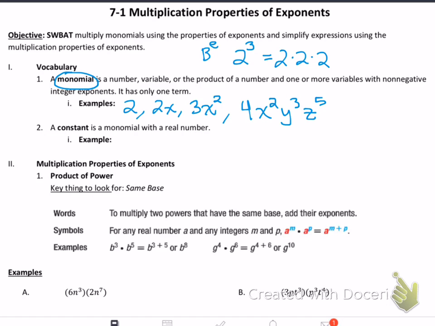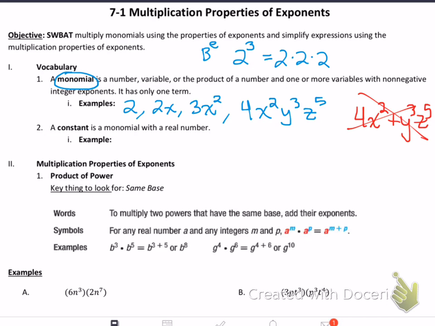This is still a monomial, even though you have so many different variables. A non-example, let me do that in red, is if you have 4x squared plus y cubed z to the 5th. This is not a monomial. That's actually 2 monomials. Okay?